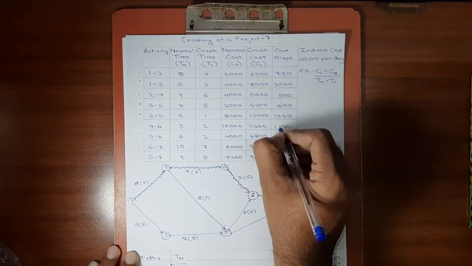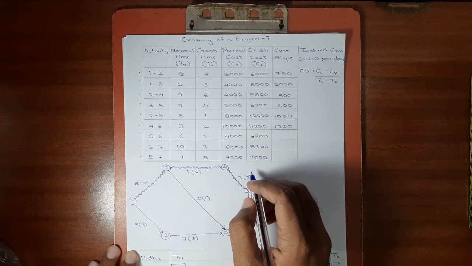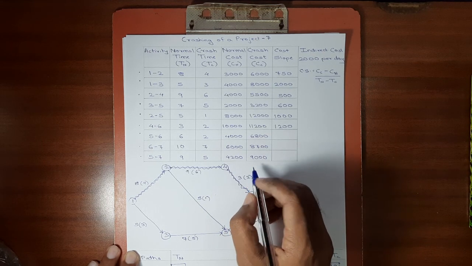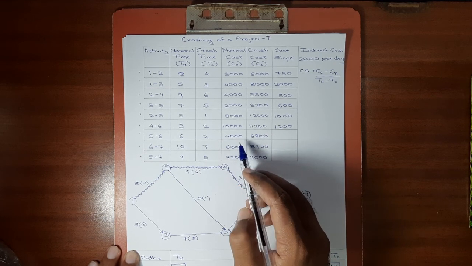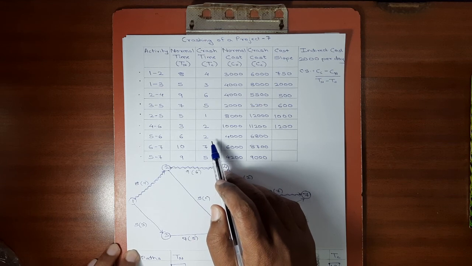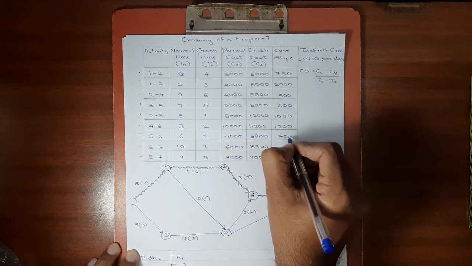So the cost slope will be 1,200. Next is 6,800 minus 4,000, which gives 2,800 divided by 6 minus 2 is 4. 2,800 divided by 4, the cost slope will be 700.